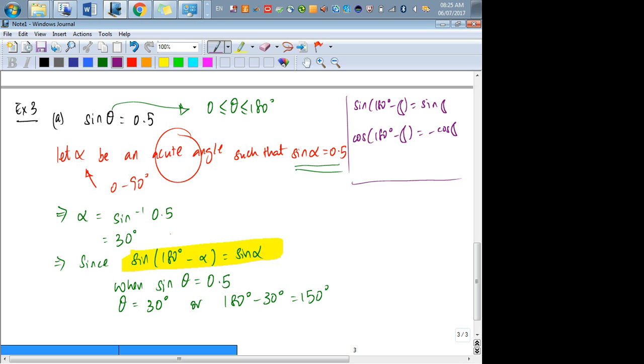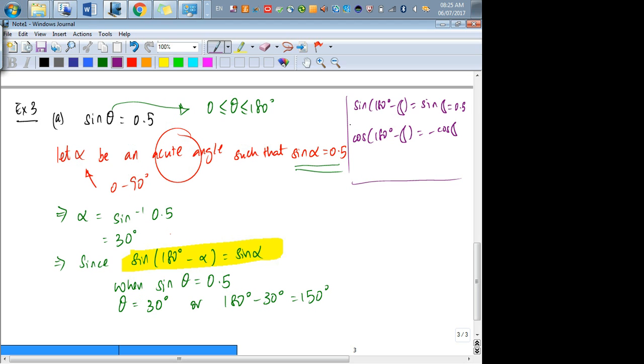That is acute. Alright? Now, we have learned that sometimes when you have sine something equals to maybe 0.5, there could be another answer. In this case, sine of 180 degrees minus the moon could be equals to 0.5. Sine the moon could also be equals to 0.5. There are two possible angles that will give you answer 0.5. And we need to find both of them.